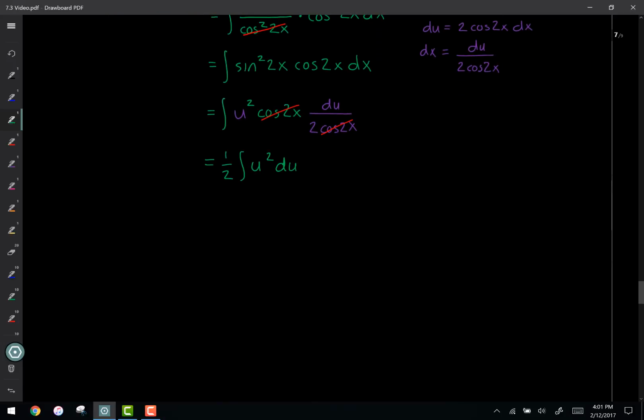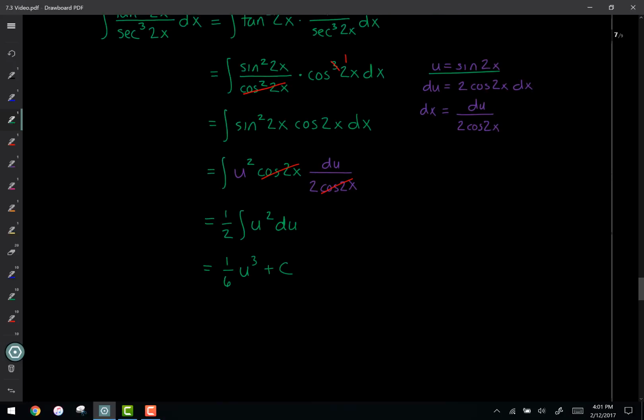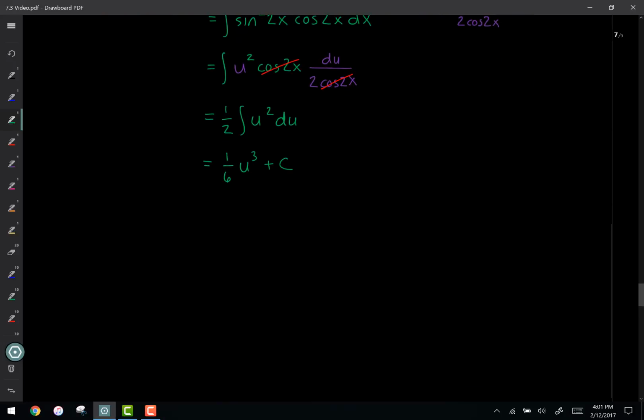And just a simple integral, so just power rule that. So we'll get 1/3 u cubed, so the 1/3 hits the 1/2 for a 1/6, plus c. And just back substitute our sine of 2x. So 1/6 sine cubed of 2x plus c.